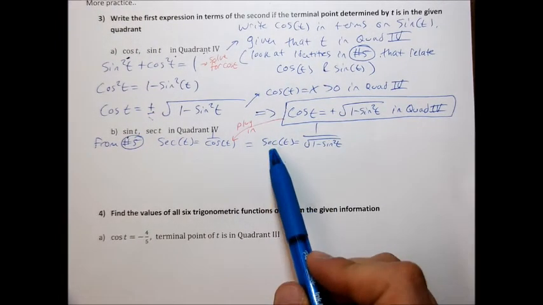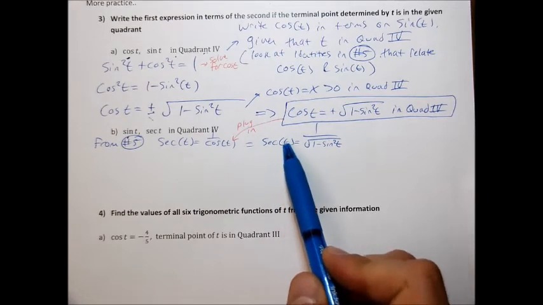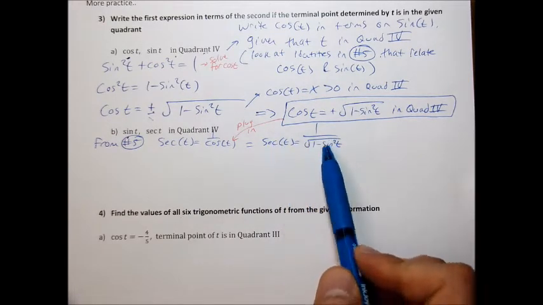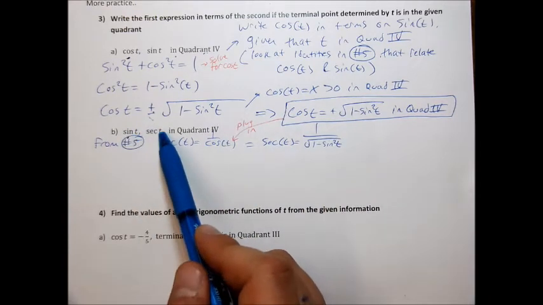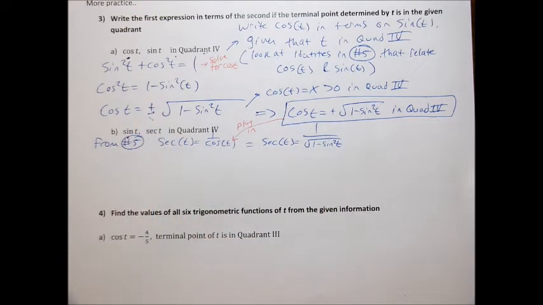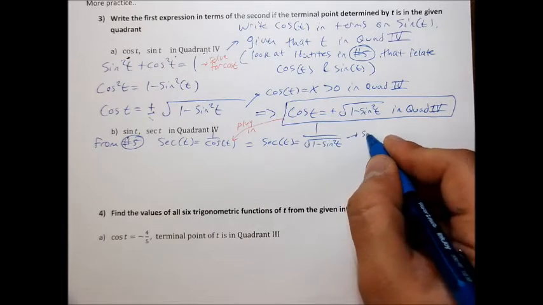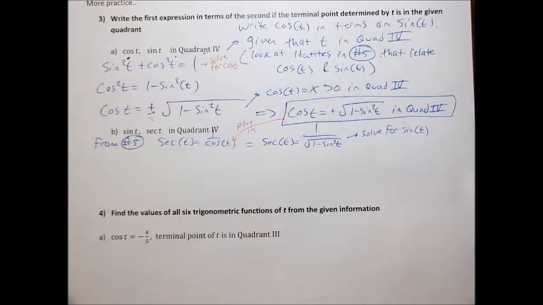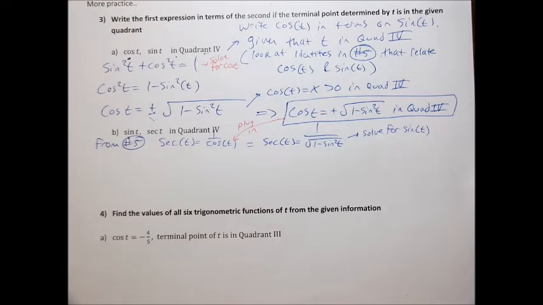Now this is an equation that relates secant and sine. But this is secant in terms of sine, and the problem is asking for sine in terms of secant. And so we want to take this equation and solve for sine. And so that's what I'm going to do. It's some algebra.